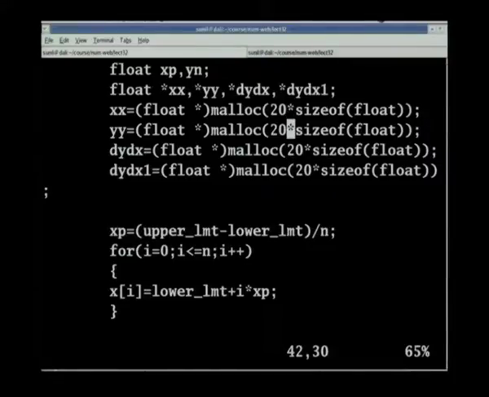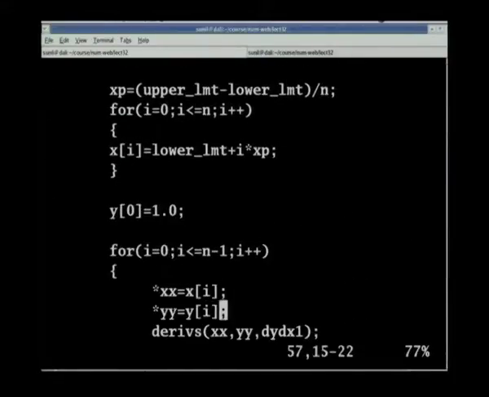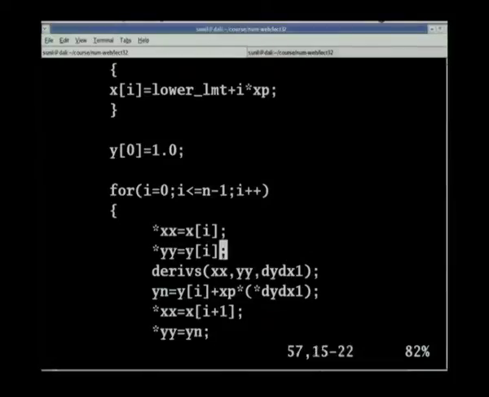I put in some values into x x and y y, that is x I and y I at the starting point, let us say at I equal to 0, and it calls the derivs, and the derivs would return the derivative at that point x x and y y.